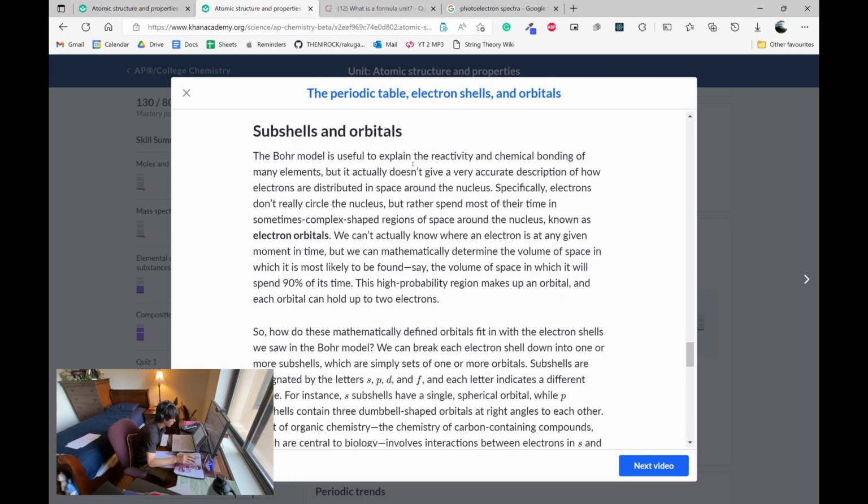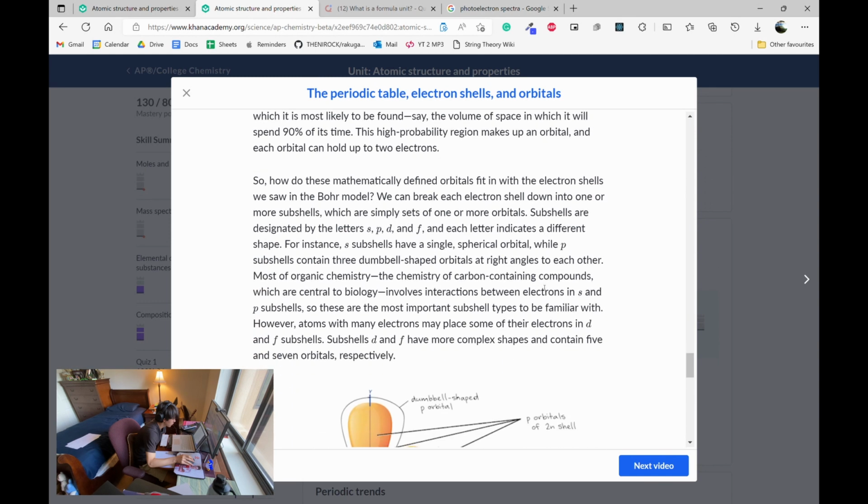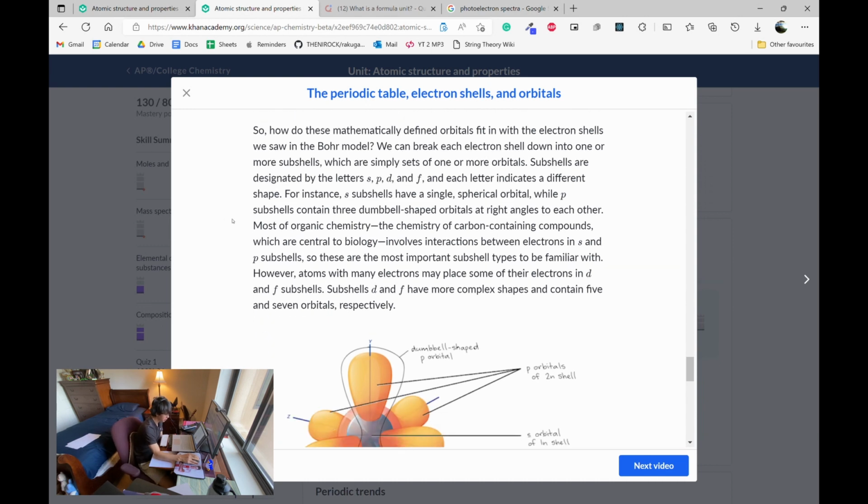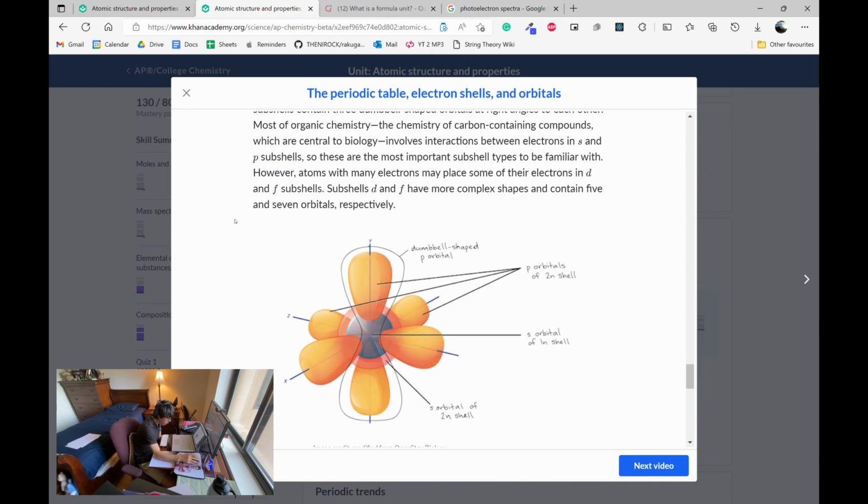Yeah, what are subshells? Yes. Oh, here we go. SPDF. Subshells are designated by S, P, D and F.